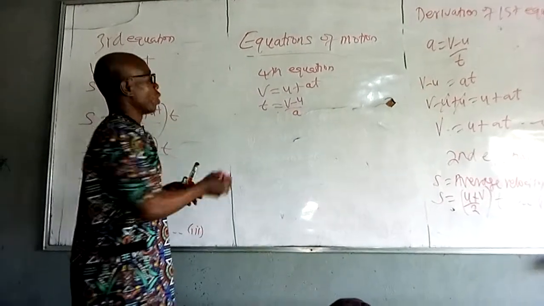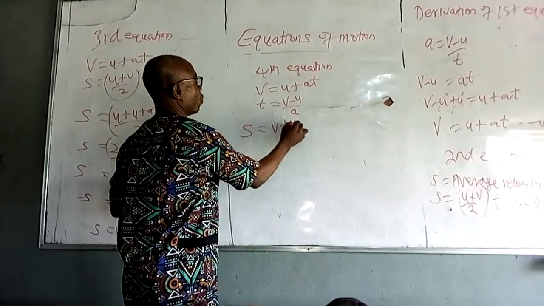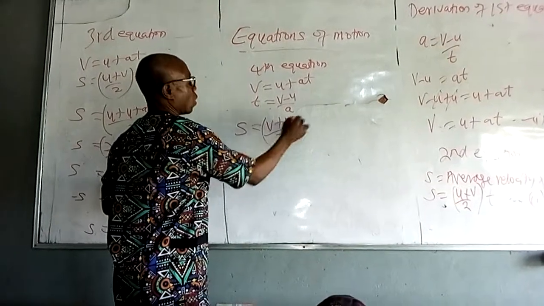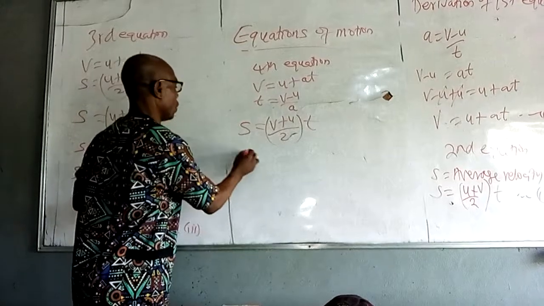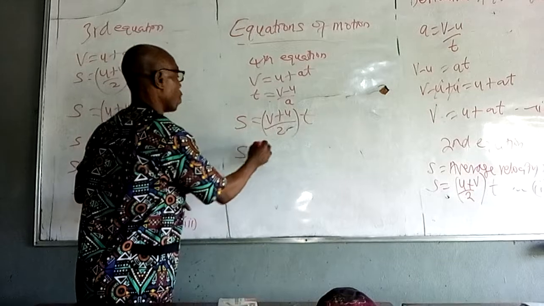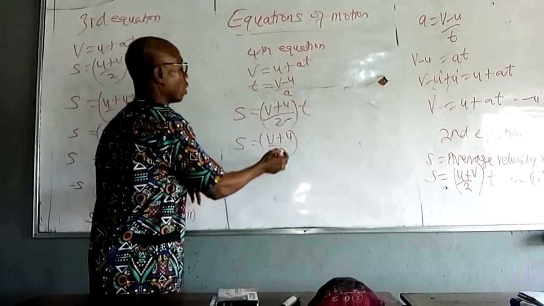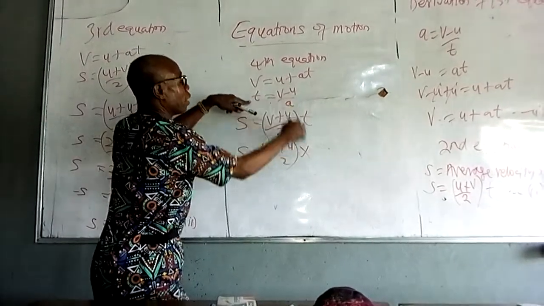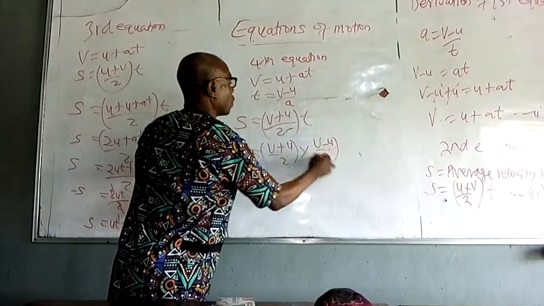And the second equation is distance is equal to v plus u all over 2 times time, meaning that this s is equal to v plus u all over 2 times time, and time here is v minus u all over a.